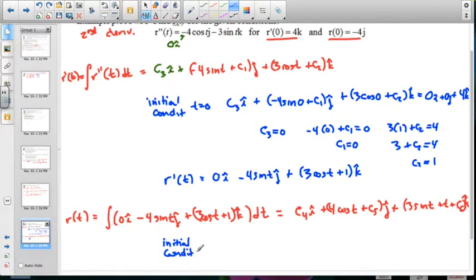These initial conditions are set up for t equal to 0. And when t equals 0, I have a minus 4j component. That's all I have.